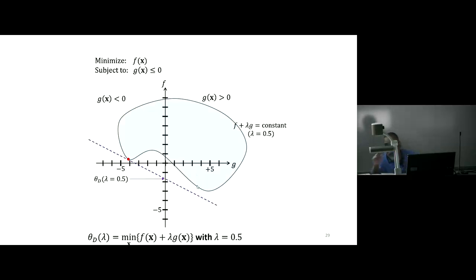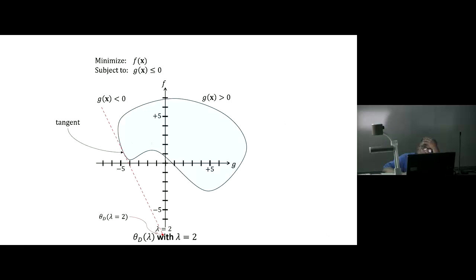And again, let me remind you, it could be on the other side too, because we are ignoring the feasibility conditions on the primal. We are just blindly minimizing the Lagrangian. So this is theta d of lambda when lambda equals 0.5. Now, let's consider lambda equals 2.